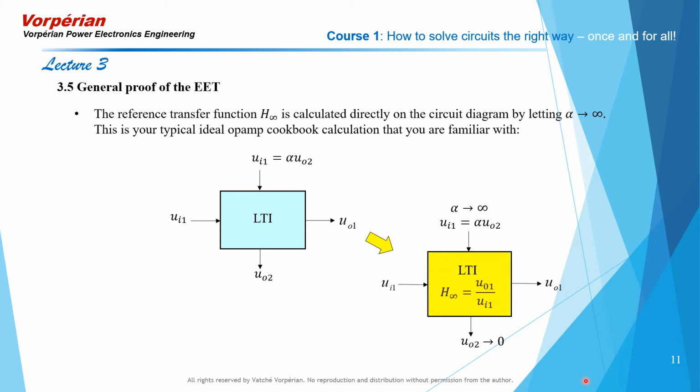And this is what that picture is, where you compute your output over input. This is the computation of the gain of an ideal op-amp circuit. The one that comes to mind is an inverting op-amp with R2 in the feedback and R1 at the input, and the gain is minus R2 over R1. The gain of the op-amp, the fact that it is infinite, doesn't get into the picture. It has dropped out of the calculus of determining the transfer function of that circuit.